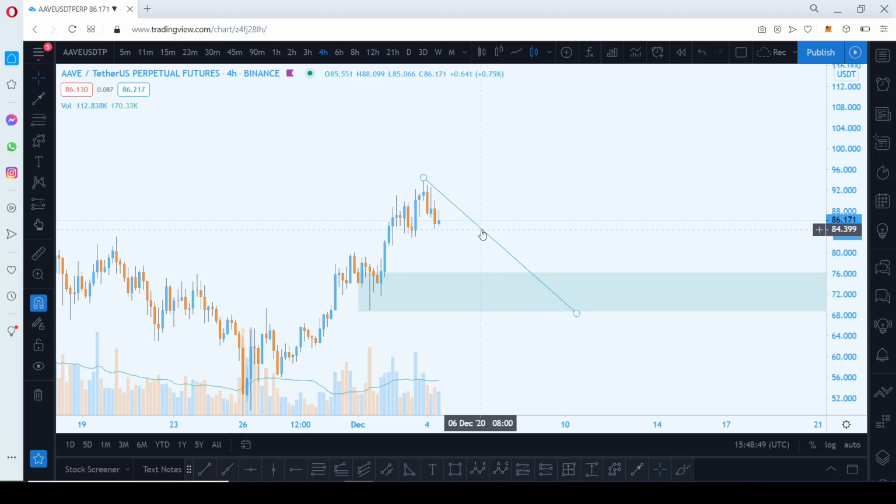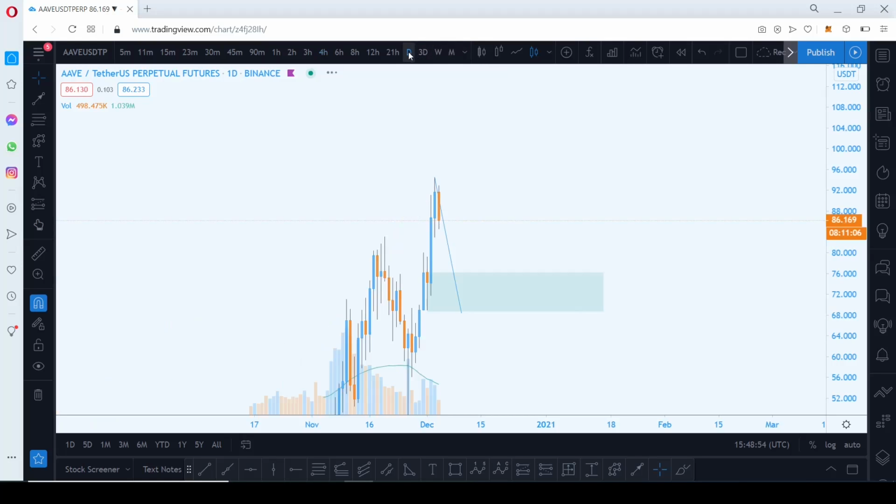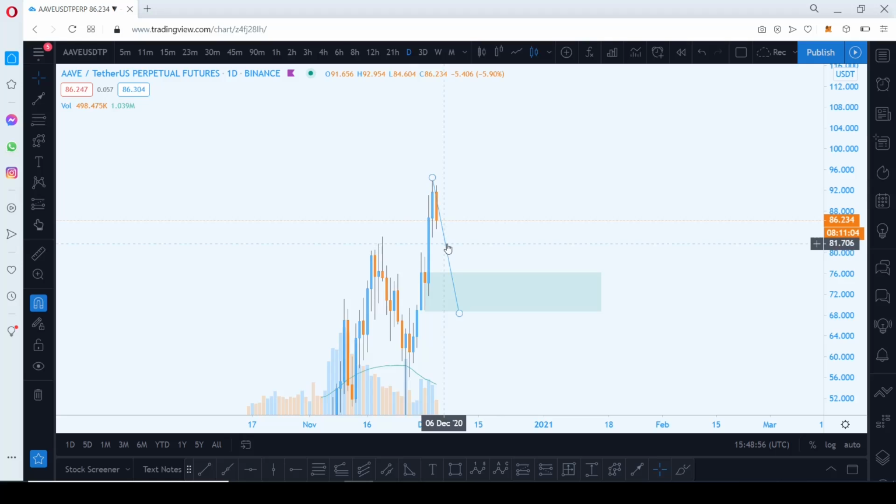Because if you want to see this break of structure on the daily chart, and remember, like I said, the daily chart combines 24 hourly candles, right?